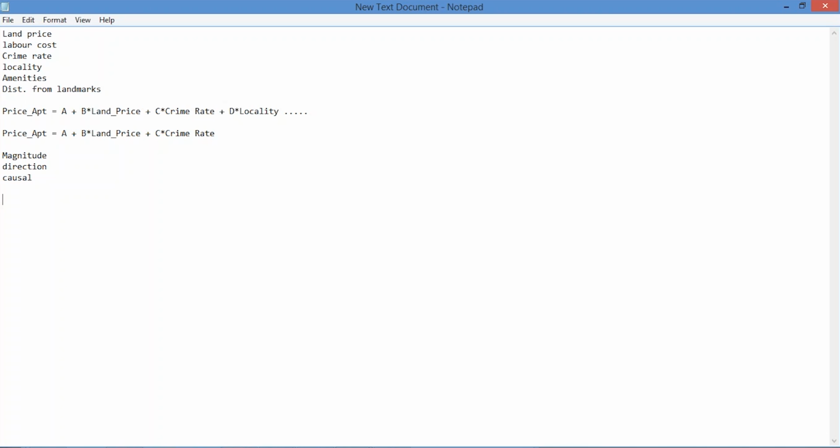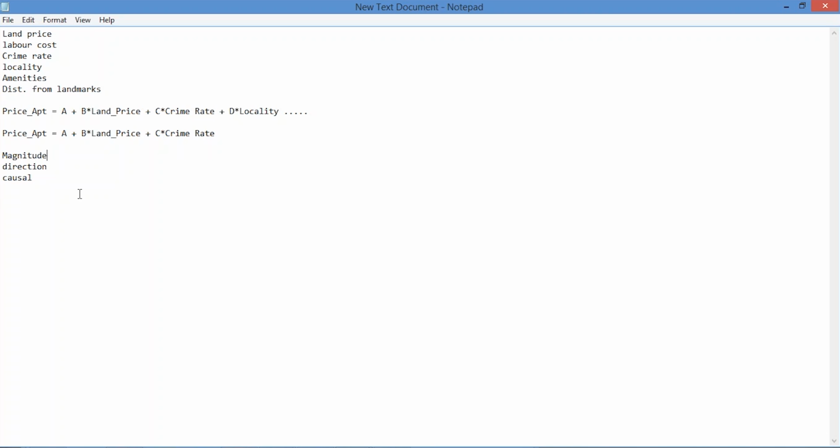Now, what should be the nature of the independent variable? We will see that, Parameshwan. Crime rate, everything will influence the price of the apartment. These are all influences, and we will have the coefficient.